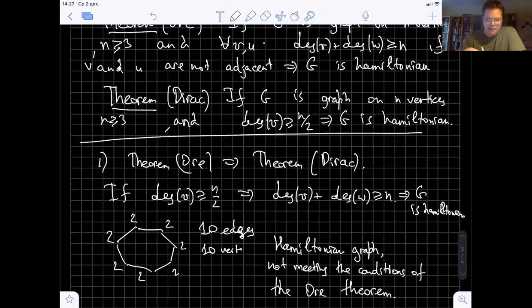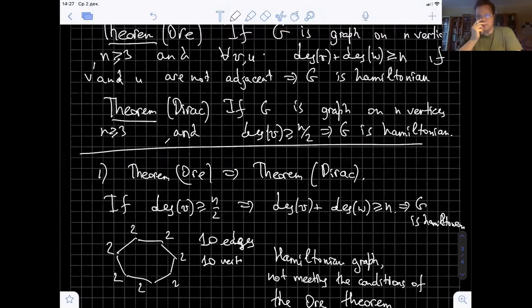The second thing is that I need to give an example showing that if we have weaker conditions, then we cannot have a Hamiltonian cycle. It is an accurate border of the inequality on the sum of the degrees of non-adjacent vertices.